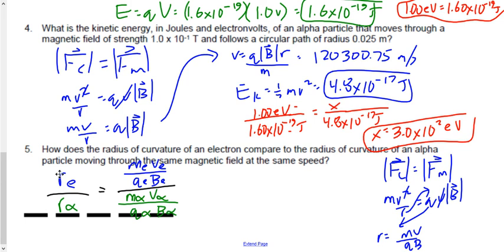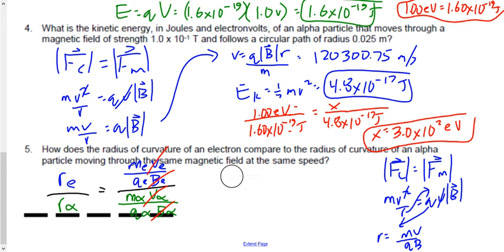So we don't know the numbers for these two radii, but we do know the expressions for them. And that's better than nothing. We know we got to divide. And that's a good thing here, especially when we don't know numbers, because every once in a while, when you divide things, things just cancel out of it, as they do here. We know the speed is the same of both of them. The magnetic field strength is the same.